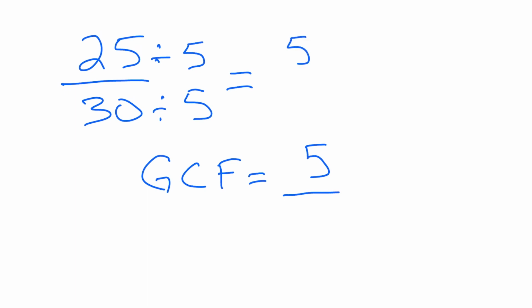And the bottom, 30 divided by 5, is 6. So 25 over 30 is equivalent to 5 over 6. Now 5 over 6 do not share any common factors other than 1. So 5 over 6 is the simplest form of that fraction. That's how you reduce fractions or write the simplest form.